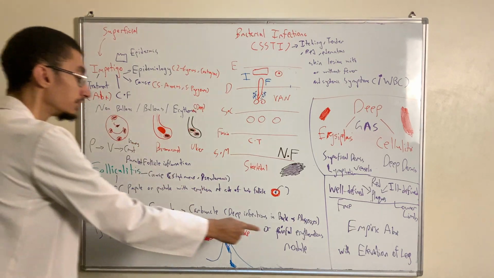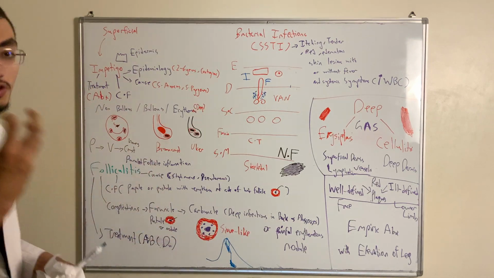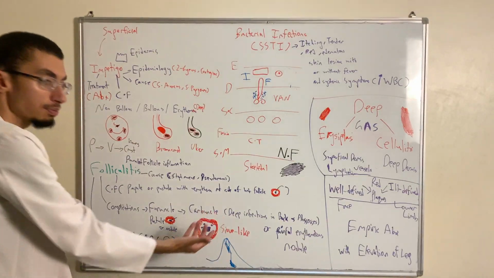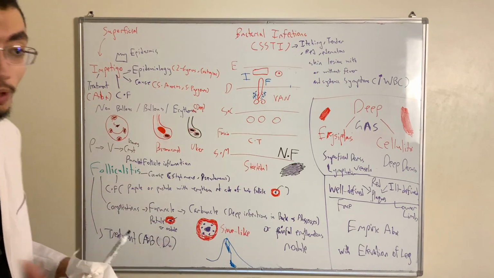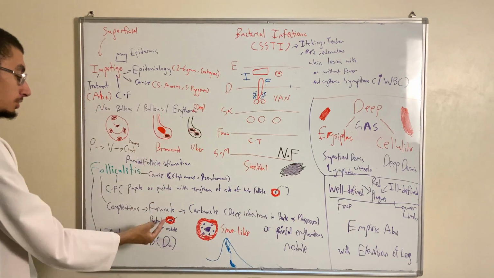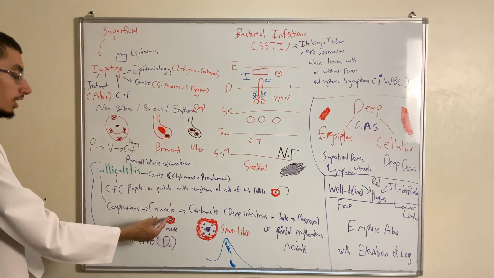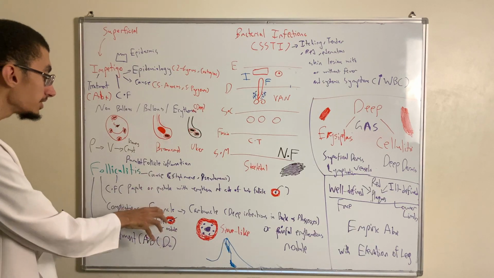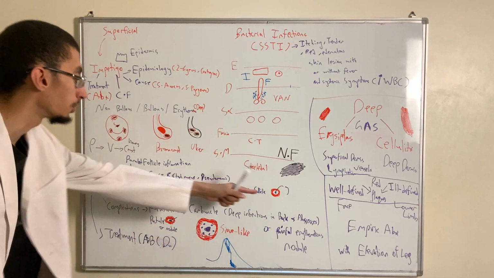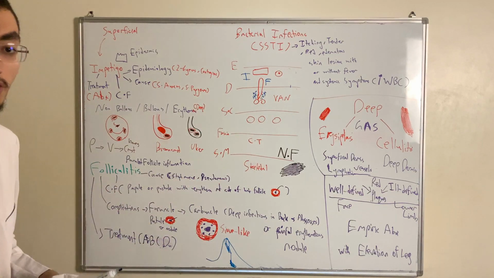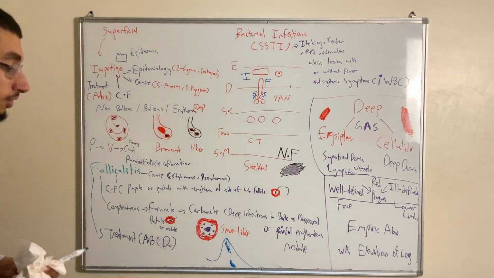Because as we said, this nodule in the case of furuncle consists of pus. It consists of abscess, okay? So at some point, this abscess can lead to a single pus drainage, which is characterized by the color purple, all right? So if you see this case, especially in a bigger diameter in size as compared to pustule in folliculitis, you might think to yourself, this is a case of furuncle, all right?